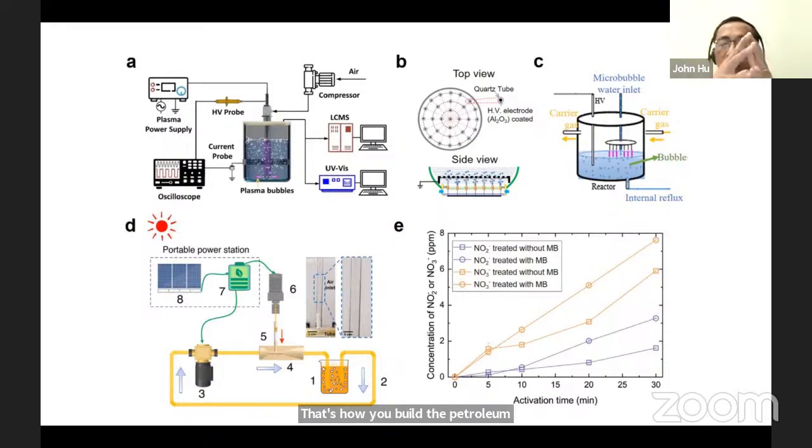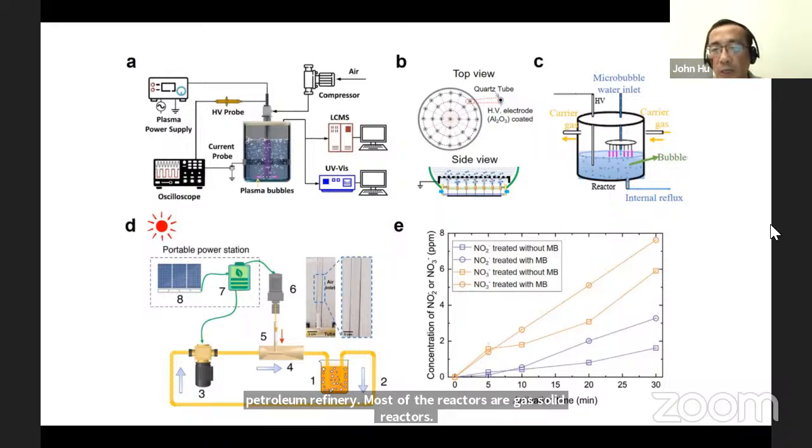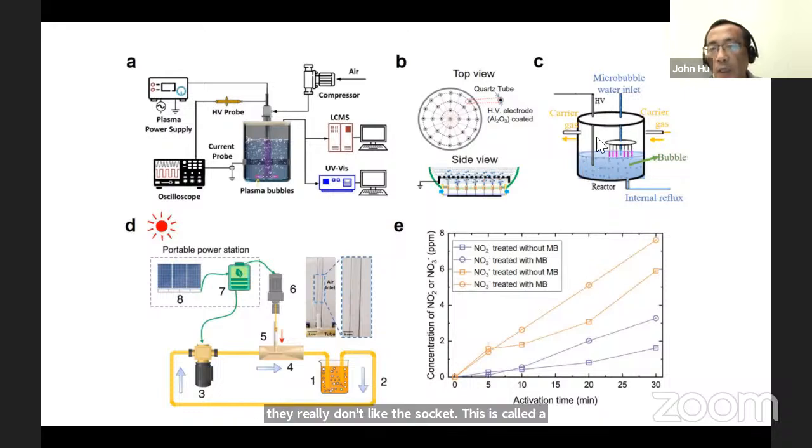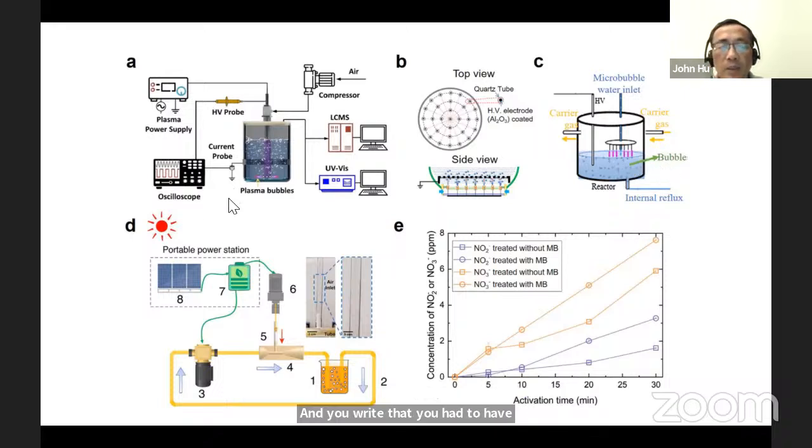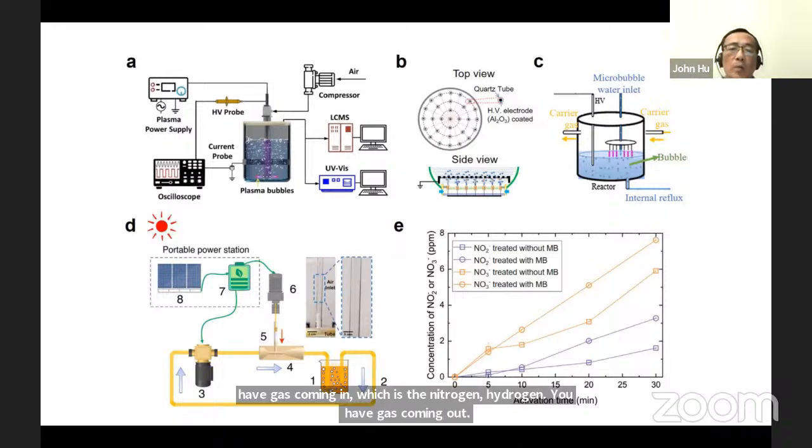If you go to a petroleum refinery, most of the reactors are gas-solid reactions. They really don't like batch reactions, where you pre-store the liquid phase and react, and then the ammonia comes out. In a gas-solid reaction, you have gas coming in, which is nitrogen and hydrogen, and gas coming out, then you do the separation. It's really how you try to commercialize this.